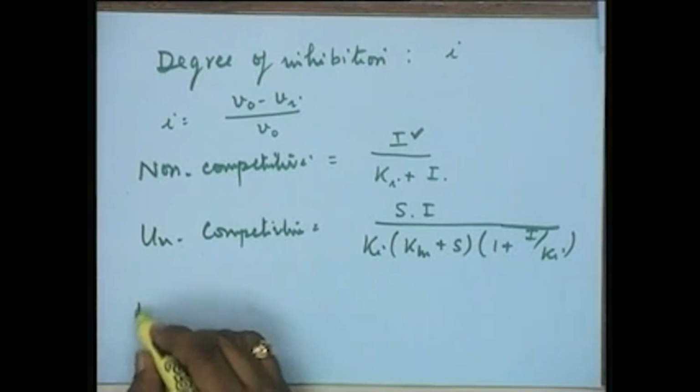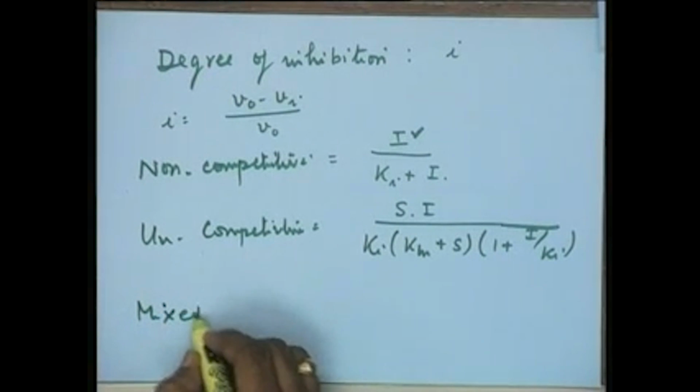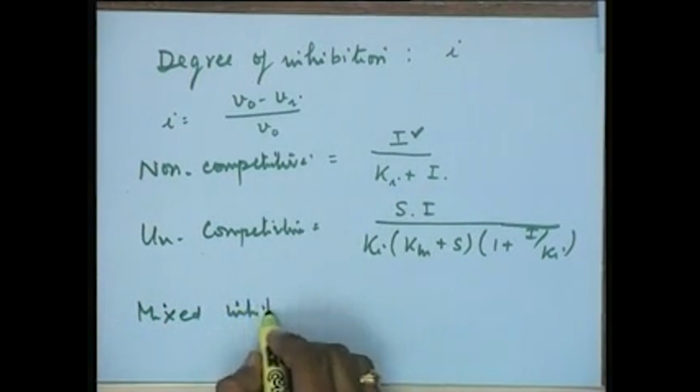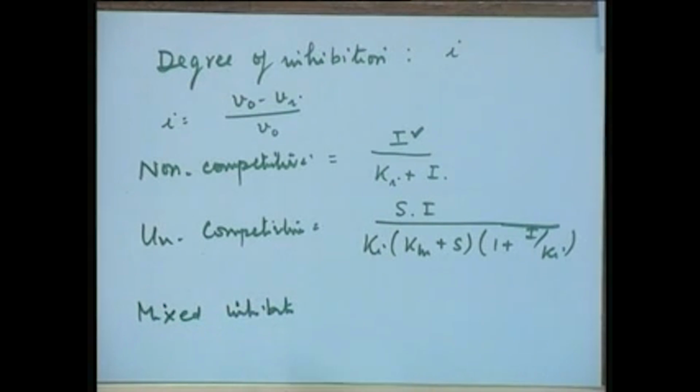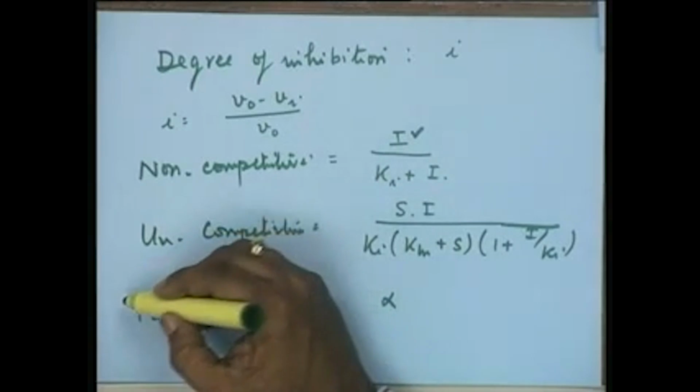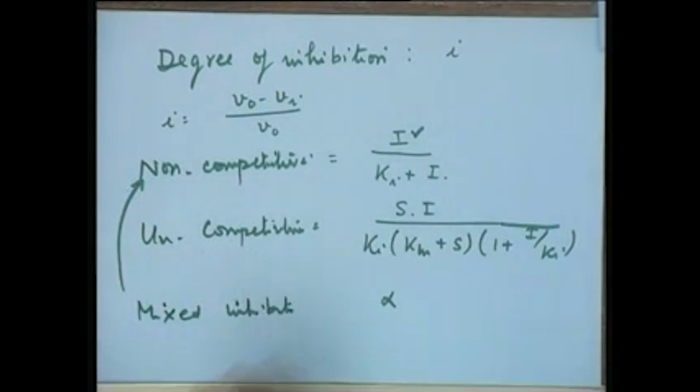Now, in the case of linear mixed inhibition, essentially the degree of inhibition will be largely dependent upon the magnitude of alpha. As I mentioned earlier, the mixed inhibition is a special case of non-competitive inhibition, where otherwise substrate concentration does not influence the degree of inhibition, because the binding sites are different and they do not interfere with each other.